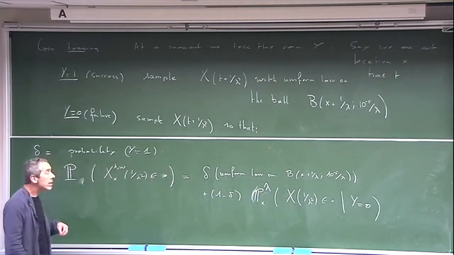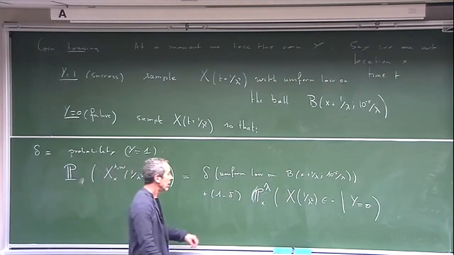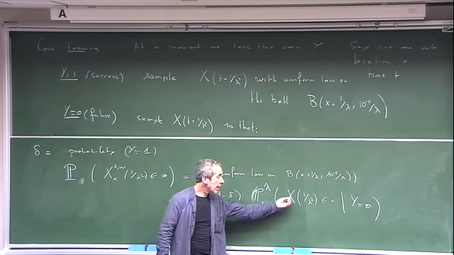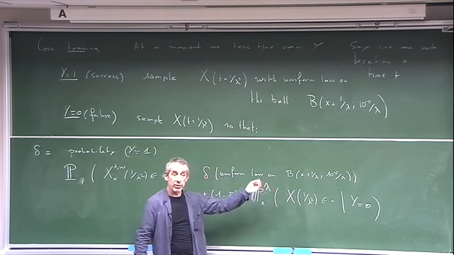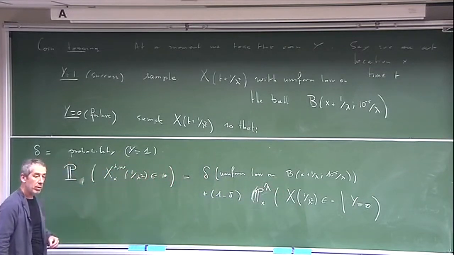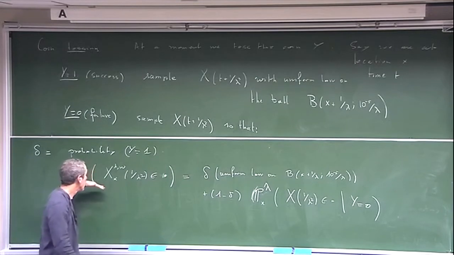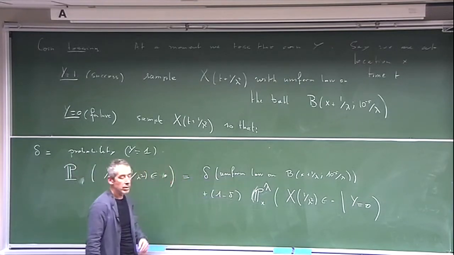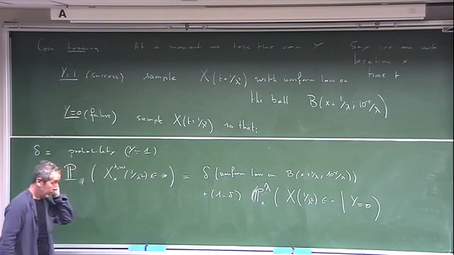This tells you how you should sample the position at time 1 over lambda square in case of failure, because you want to solve that equation. So this you know, and this you know, and this you know, once you fix delta. Okay.